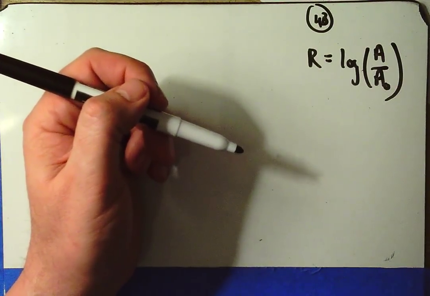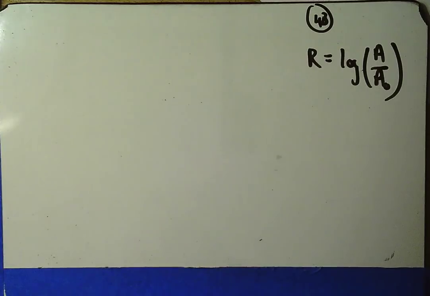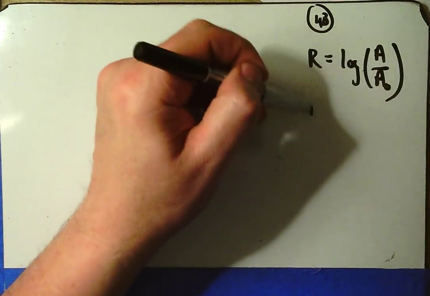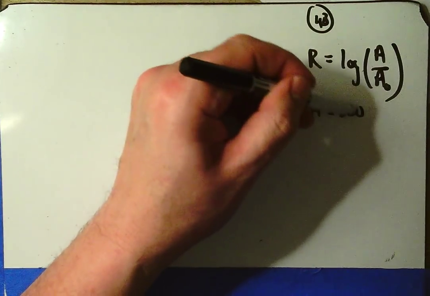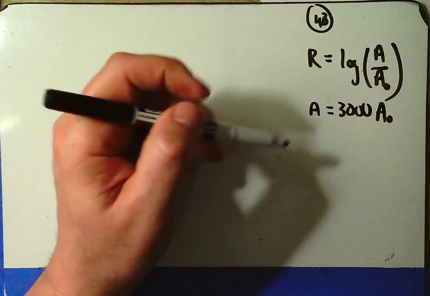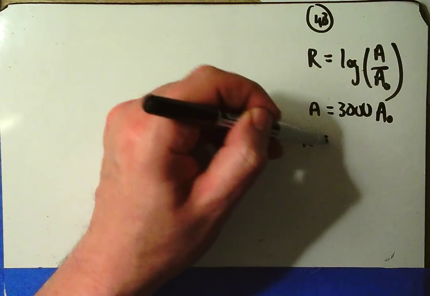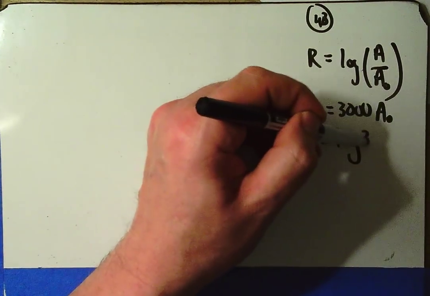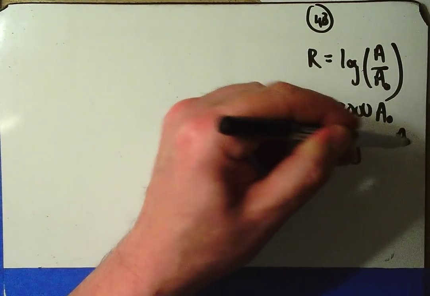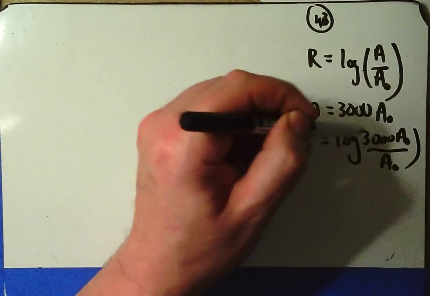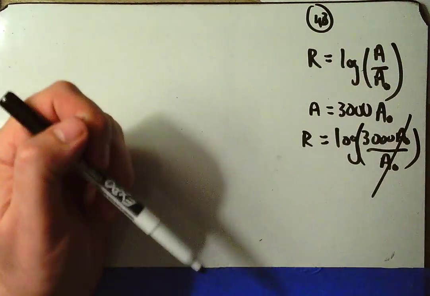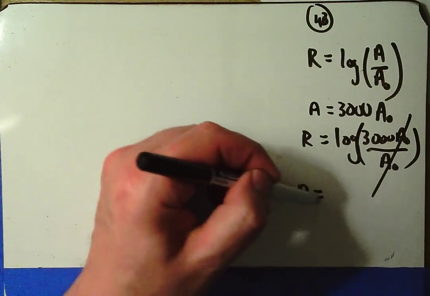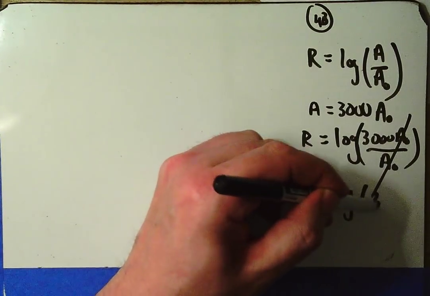Well, it says that the measured amplitude was 3,000 times A sub O. So that tells me that A is 3,000 A sub O. So I've got R equals log 3,000 A sub O over A sub O. I cancel out the A sub O's. R is log of 3,000.